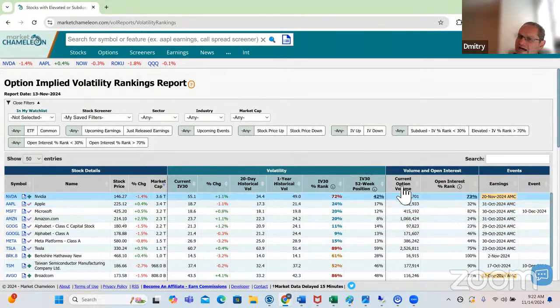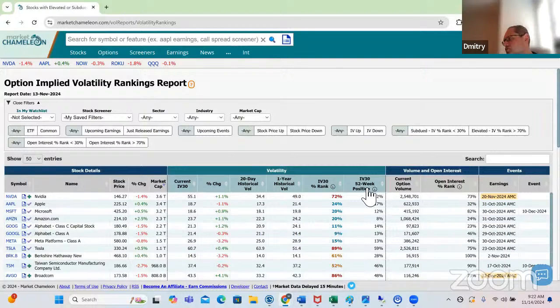So then we got this IV 30 52-week position. And this came by request, so we added it. I think it's based on customers seeing a different methodology that they like, maybe on the internet or YouTube. And what this does is it looks at two numbers.